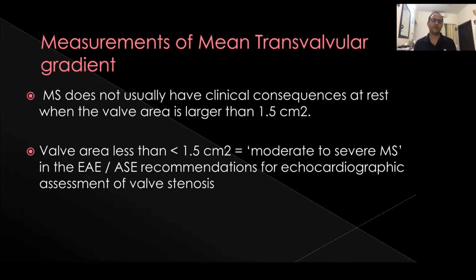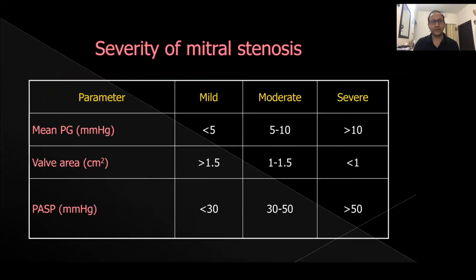So hemodynamically, once the mitral valve area falls below 1.5 centimeters square, you will start having patients with symptoms coming to you. That's why now a valve area of less than 1.5 centimeters square has been labeled as severe mitral stenosis, which I'll just show you.